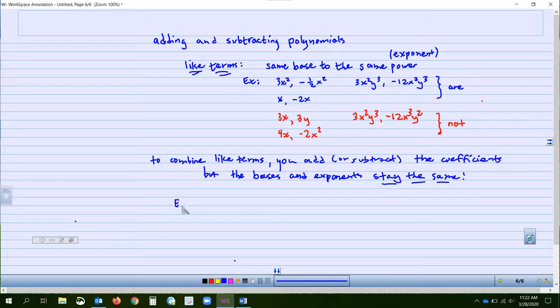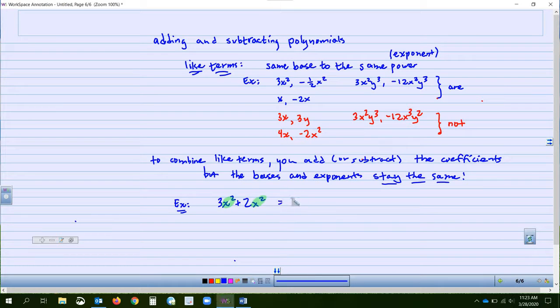So for example, I'm going to have the expression 3x squared plus 2x squared. The coefficients are 3 and 2, and the x squareds here, that's what makes these like terms.